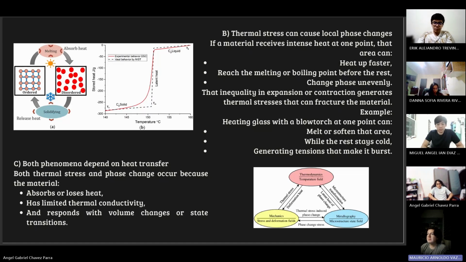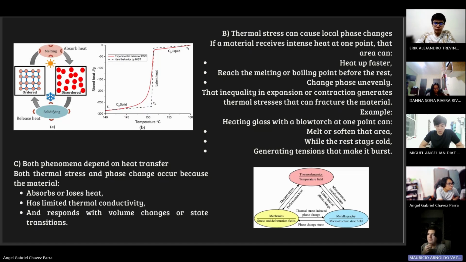The uneven expansion or contraction generates thermal stress that can fracture the material. Example: heating glass at one point, the area cannot meet the stress of the surrounding area while the rest stays cold. Tension builds that makes it burst.